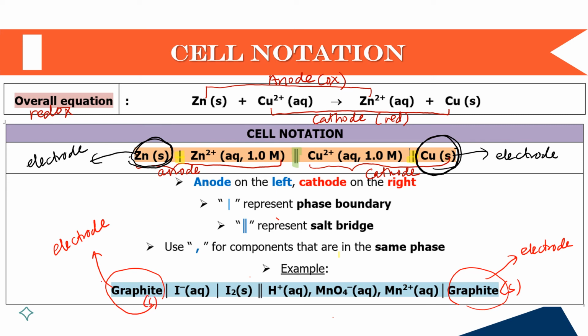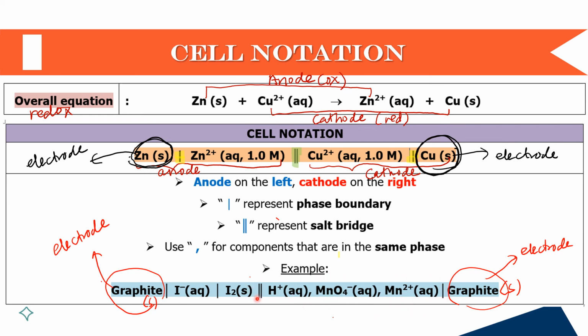As you can see over here, since graphite is the electrode, it means we have an inactive electrode. So the reaction will occur inside here: I minus aqueous and then I2 solid over here. And then we have the salt bridge, H plus aqueous, comma, MnO4 minus aqueous, comma, Mn2 plus aqueous.